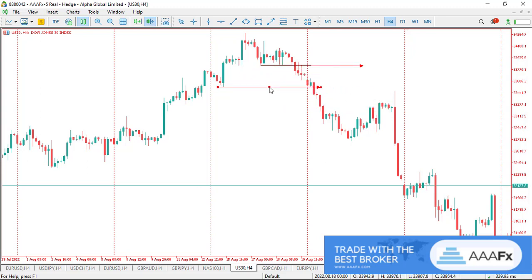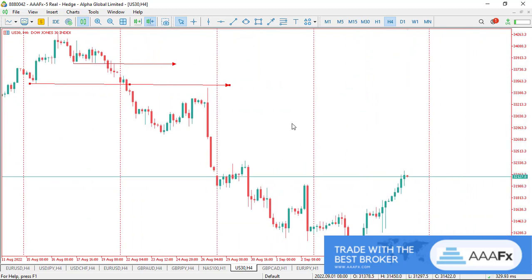Then we had this low being taken out again, and this low was retested at this particular point. So this is the break and this is the retest. You just go to the lows and wait for price to come back to that low. If it doesn't come back, no problem. You look for more opportunities.